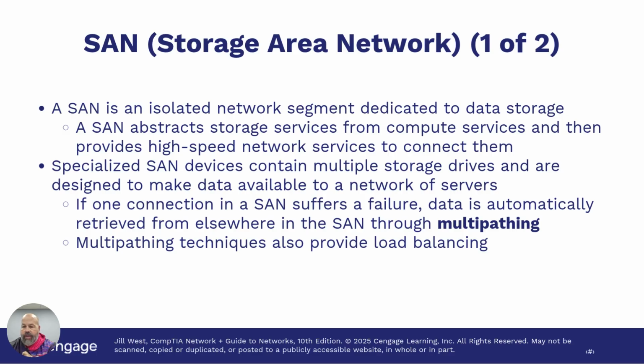They're designed to hold tons of stuff and make it available to lots of servers at once. If one connection fails, multipathing automatically reroutes it to another path, kind of like your GPS finding an alternate route when there's traffic. This also provides load balancing, so no single path gets overwhelmed. So it's kind of like infrastructure with a backup plan.